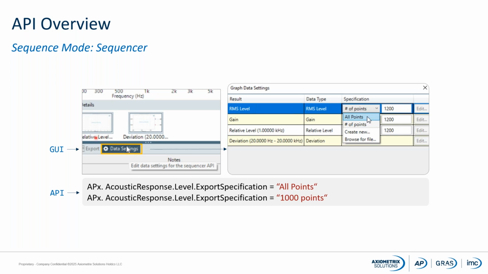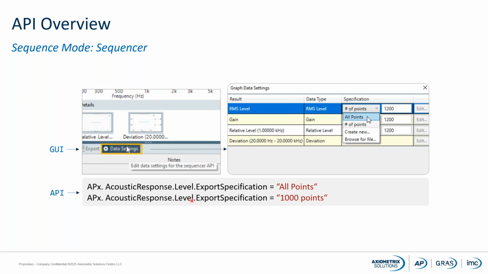So from the graphical interface, you go into the data settings window, and this needs to be done per measurement. That will bring up the graph data settings. And then from the specification column, you can select either all points or a specific number of points. And that will control what's picked up in the sequence.